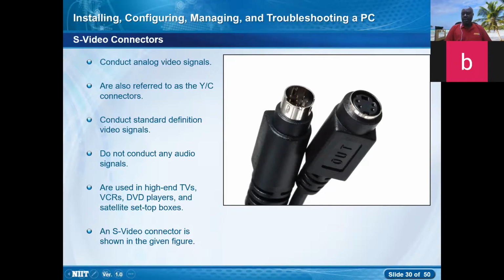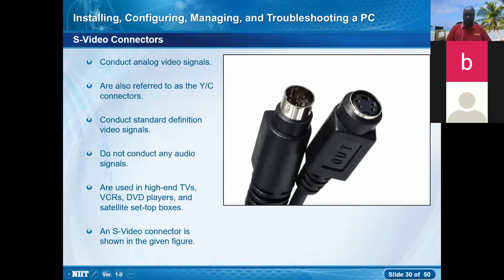These connectors were used mainly to connect a video player to a display output, such as a television set.